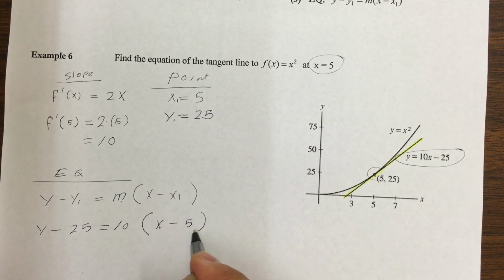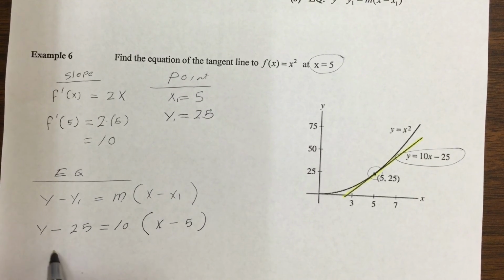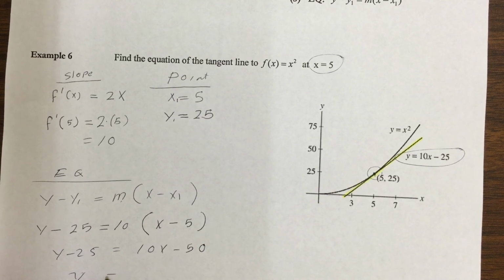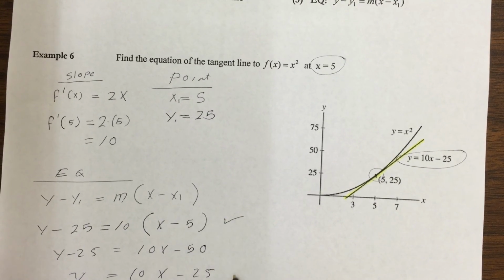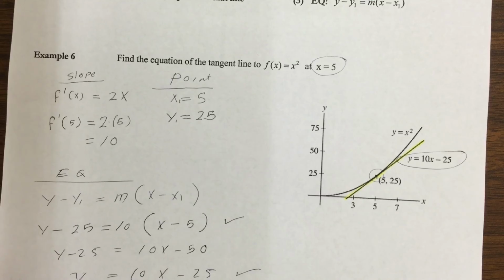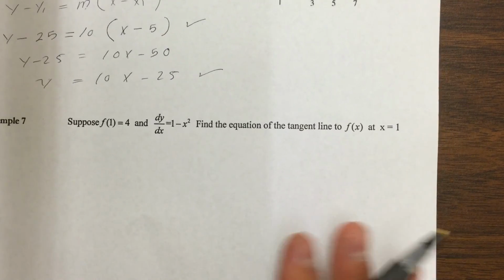And then your x1 is the number 5. And then now is where you distribute. And then you add 25 to both sides. And that leaves you with 10x minus 25, which is what we got over here. So you can express your answer in this form or in this form, but you need to know how to do both.